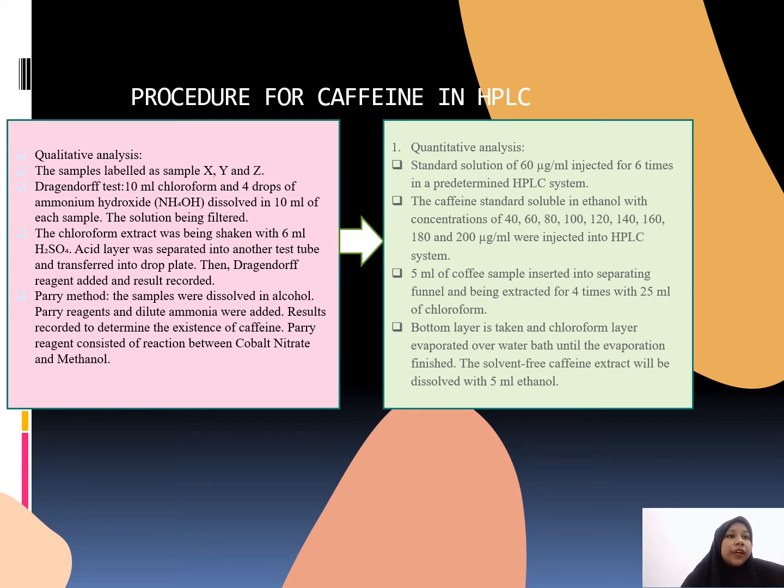To identify the caffeine content in beverage, 5 ml of coffee sample was inserted into a separating funnel and extracted 4 times, each with an addition of 25 ml of chloroform. The bottom layer is taken and the chloroform layer evaporated over a water bath until the evaporation finishes. The solvent-free caffeine extract will then be dissolved in 5 ml ethanol.